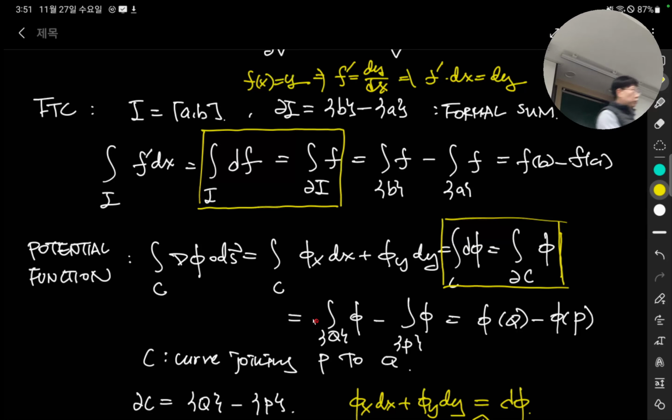So we want to generalize this idea to higher dimension. So it's about the one-dimensional interval and one-dimensional curve. Let's generalize to higher dimension. That's Green's theorem.